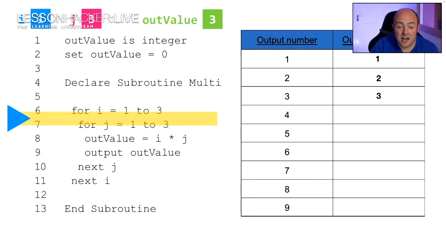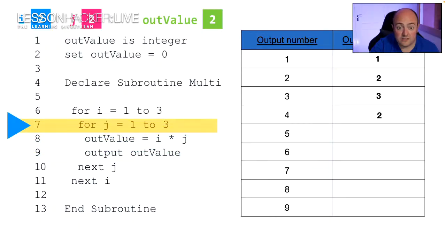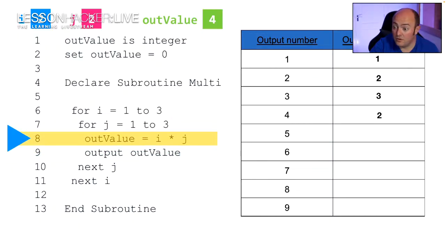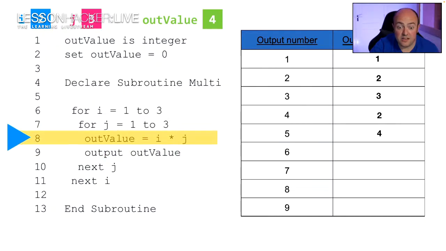So we go back up to the I loop, and that needs to increase to 2. We go back down here, and J starts again at 1. We're talking 2 times 1 here, which is 2, and that gets output. J increases to 2. 2 times 2 is 4. Slap it in. J increases to 3. 2 times 3, 6.